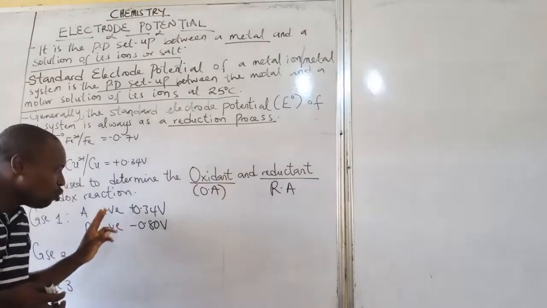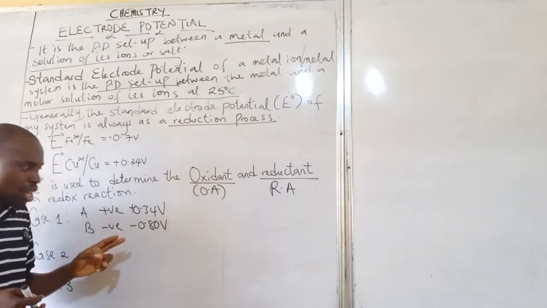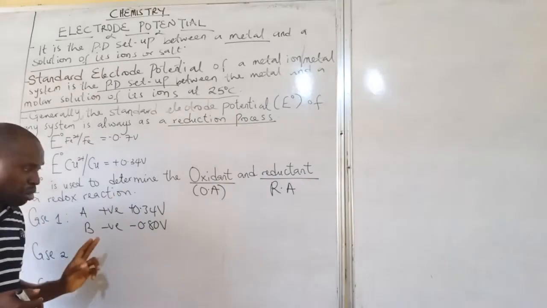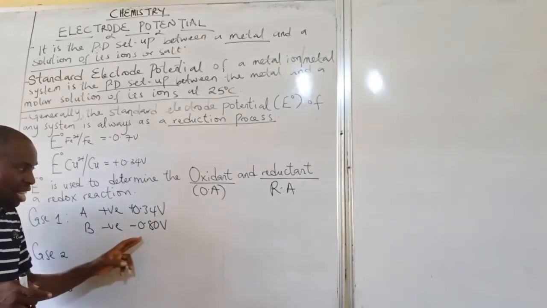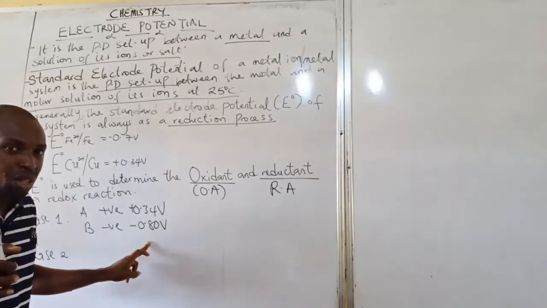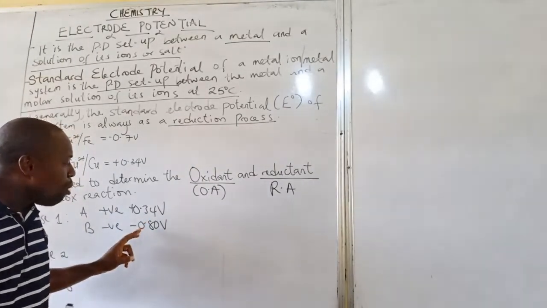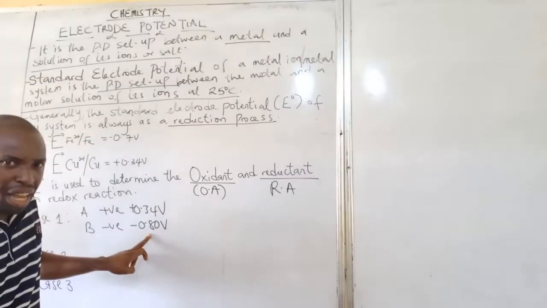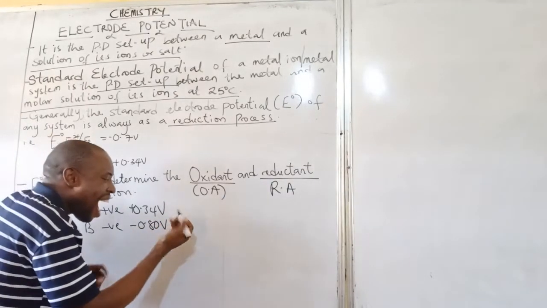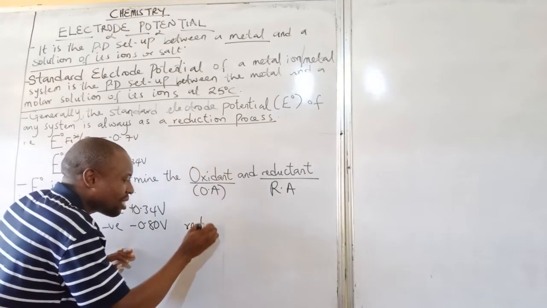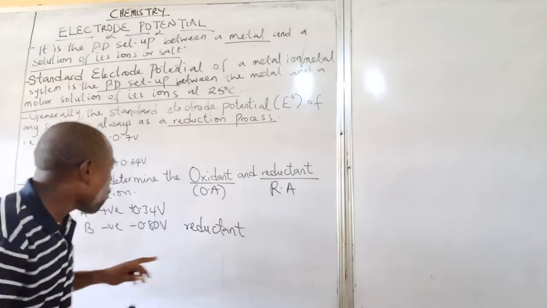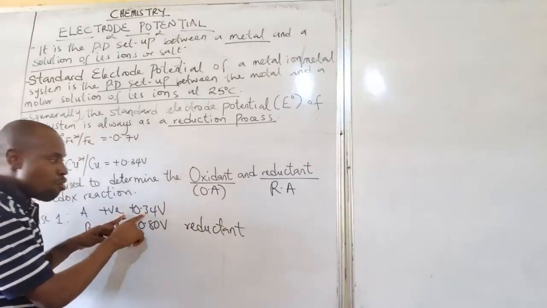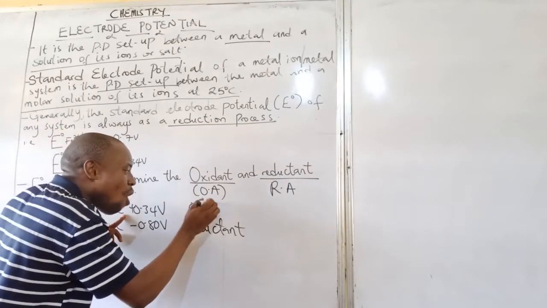When A is positive and B is negative, take note that the more negative one will be acting as the reductant, while the more positive one will be acting as the oxidant.